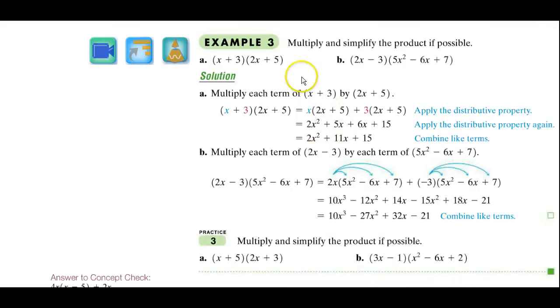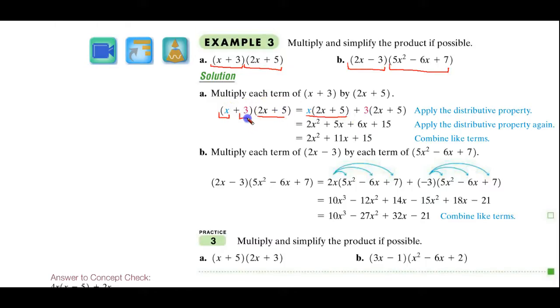Okay, now example 3, where we're going to multiply a binomial by a binomial, and then later a binomial by a trinomial. And the pattern for this initially will be to do it this way. You're going to take the first term of your first binomial and multiply it by the second binomial.